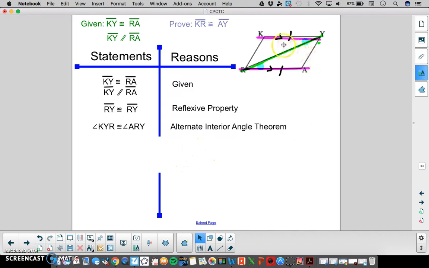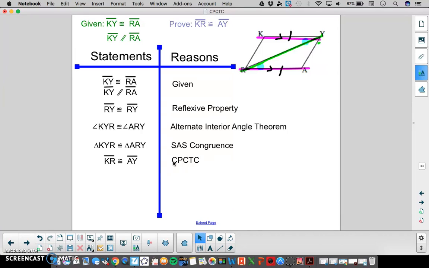So now that we know we have a side, an angle, and a side in each of those triangles, we know by SAS congruence that those triangles are congruent. Now that we've shown that these two triangles are congruent, we now know all of the corresponding parts are congruent.